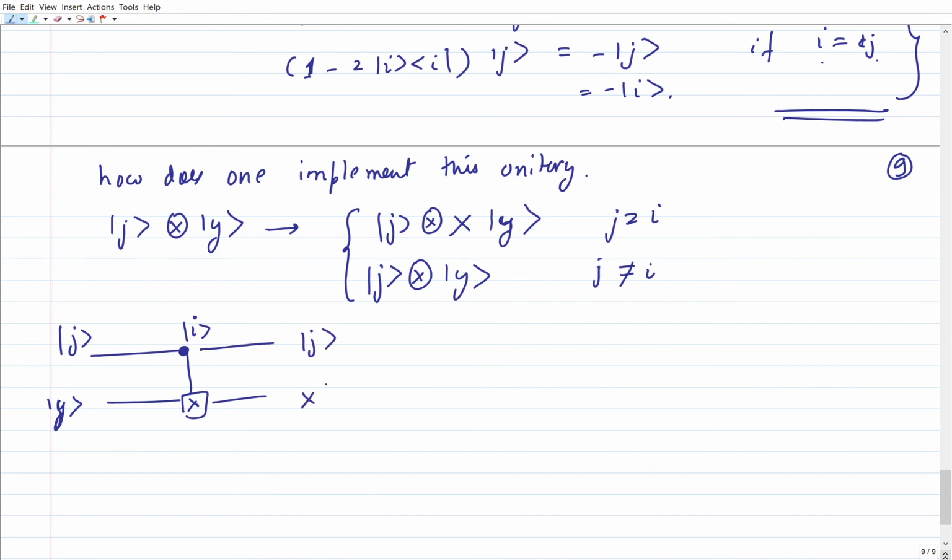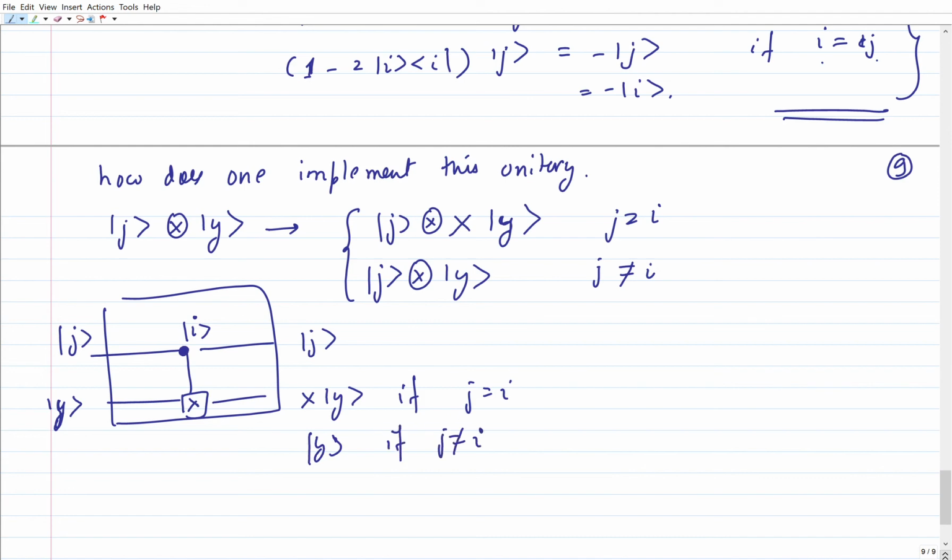And this is going to be X Y if J equals I, or it is just Y if J is not equal to I. So this is my circuit.